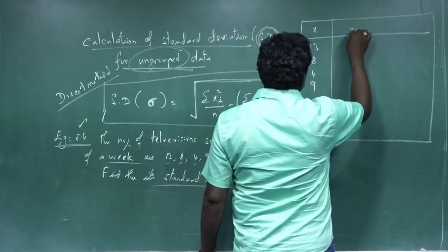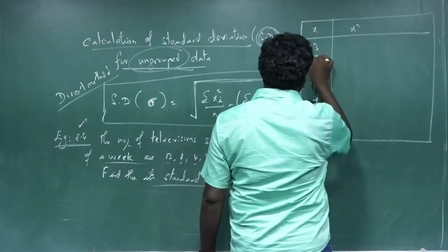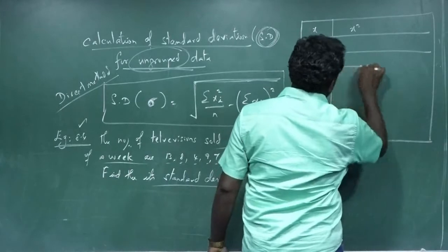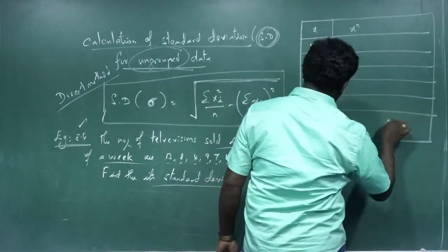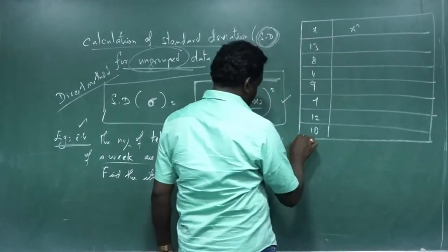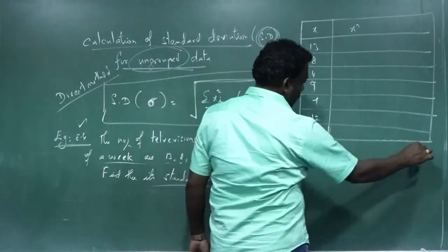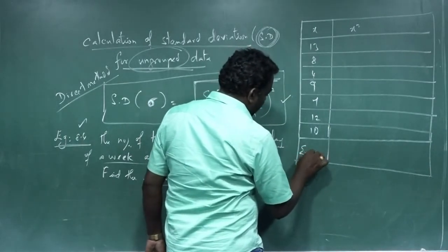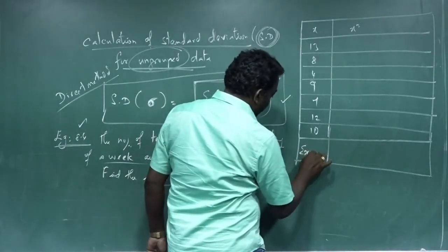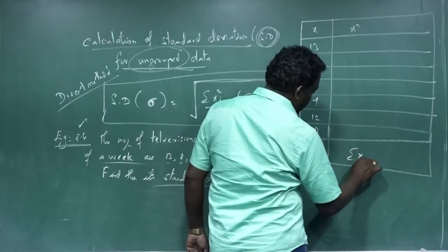Then we calculate the X square terms. Here we need summation of xi and summation of xi square.